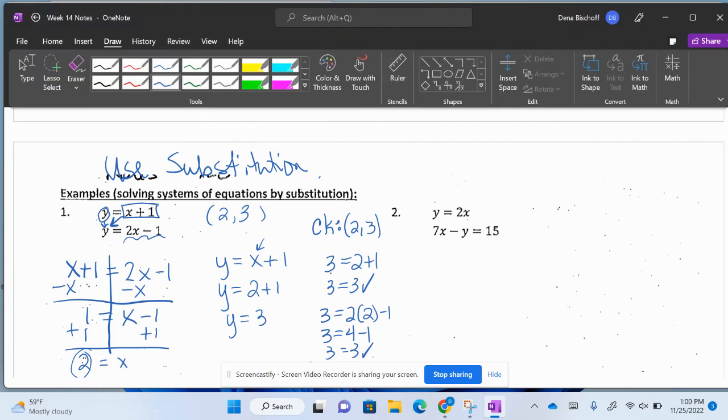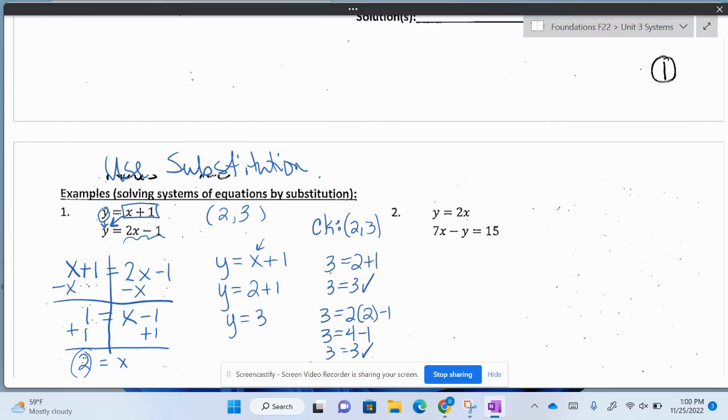Our second system, again, using substitution, but notice that I see that y equals 2x. So I'm going to replace that right here in the second equation where I see the y. So 7x minus y equals 15. But again, remember, I'm replacing the y with 2x. So 7x minus 2x equals 15.